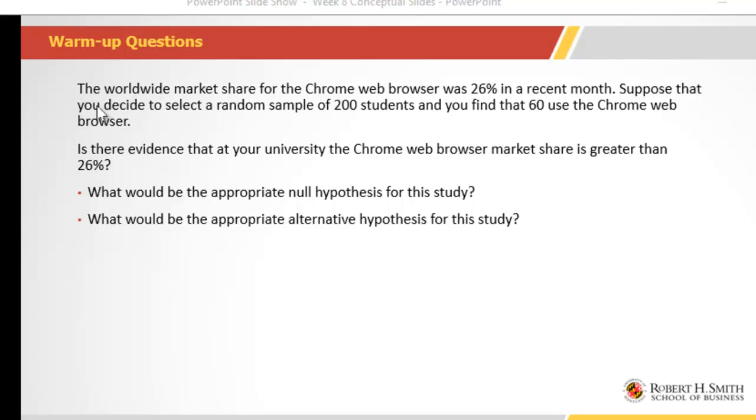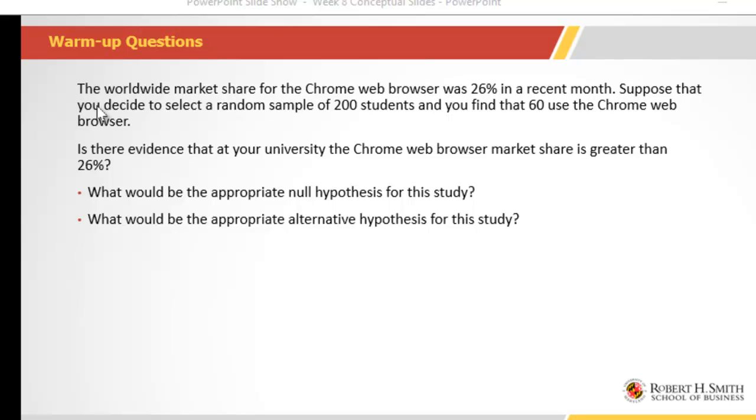You ask 200 students. This is a representative sample of the students at the university, and you find that out of the 200, 60 of them use the Chrome web browser. So the question that we're trying to address is: is there evidence that at your university, the Chrome web browser market share is greater than 26%?